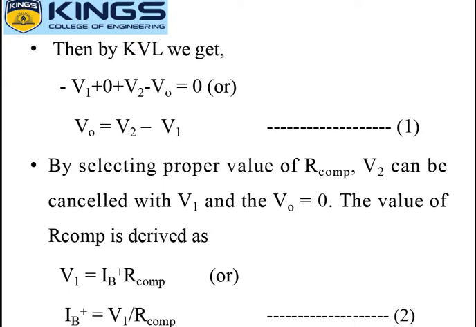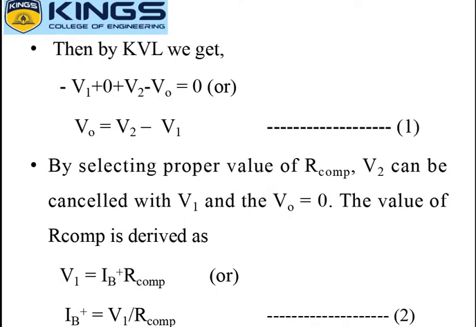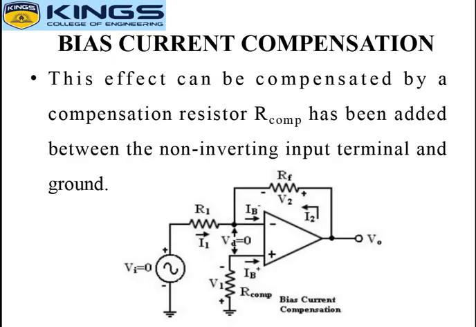The current IB plus flowing through the compensating resistor RCOM develops a voltage V1 across it. Then by KVL we get minus V1 plus 0 plus V2 minus V0 equal to 0.